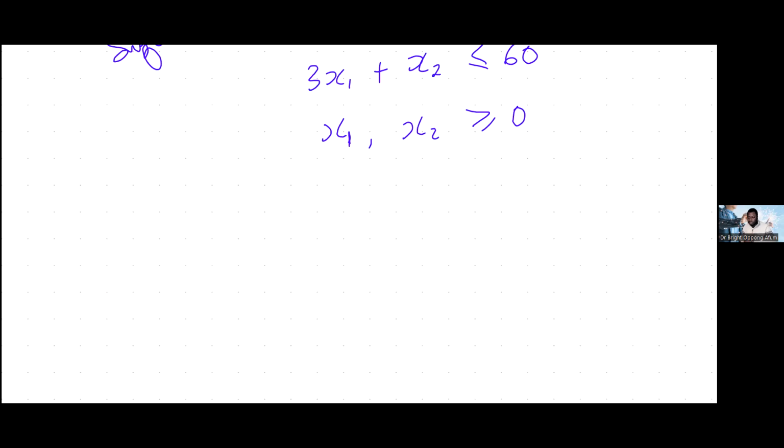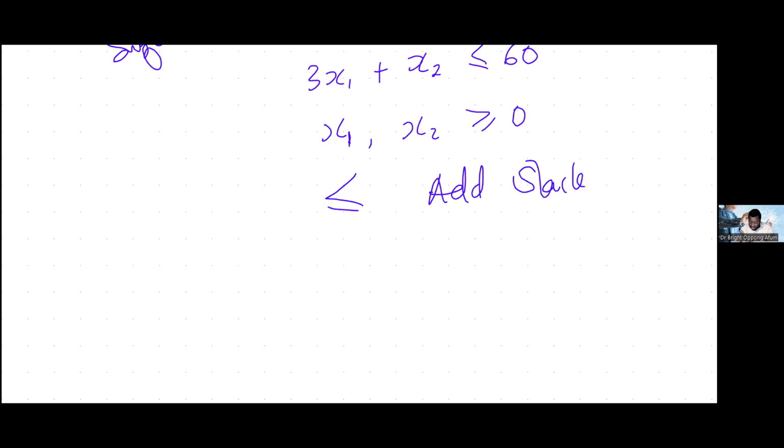So we are going to convert our inequalities into equation form, which we'll call the standard form. The constraint inequalities will be converted into equations. We will introduce some parameters by adding slack variables. For instance, if it is a less than or equal to inequality, then we add slack variables.